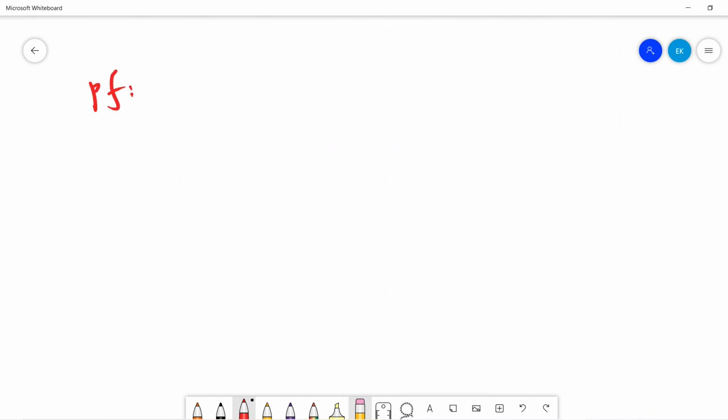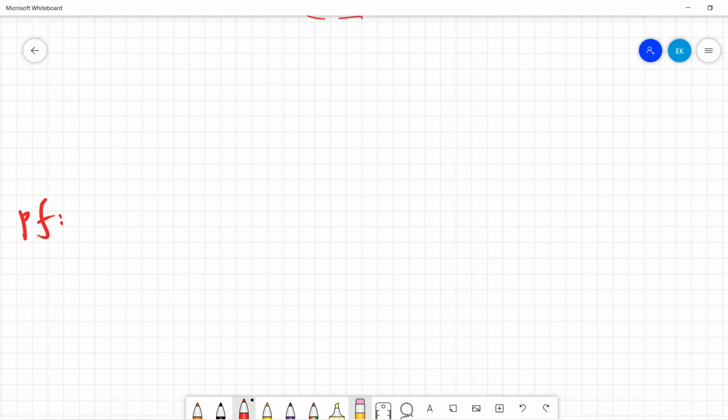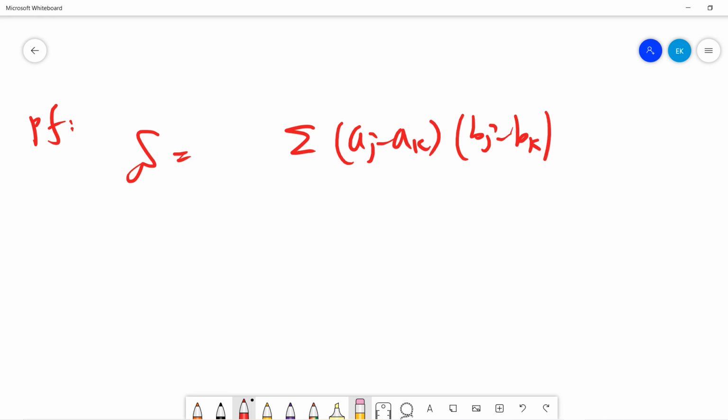So the idea: we have a1 to an, and let's define S to be the sum of (aj minus ak) times (bj minus bk), with j from 1 to n and k from 1 to n. Notice this term, aj minus ak times bj minus bk.